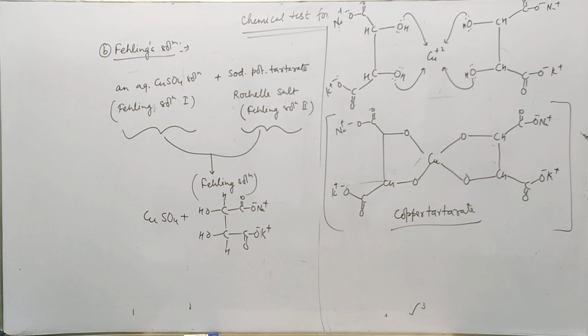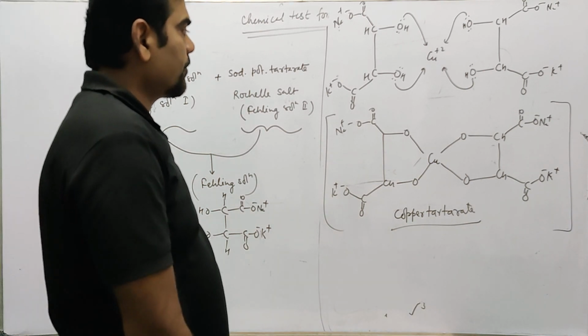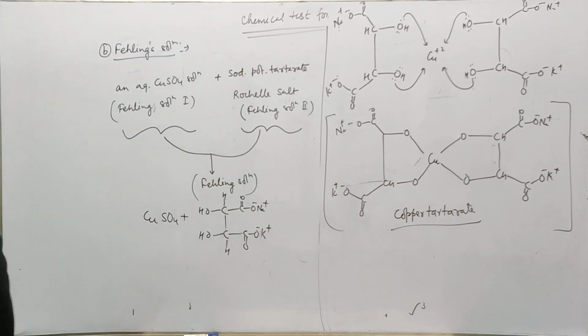Now, when an aliphatic aldehyde is heated with Fehling solution, the deep blue color of the reagent is discharged and it forms a red colored precipitate.